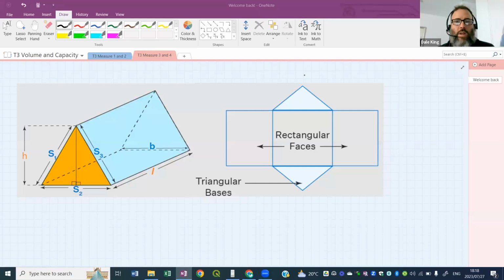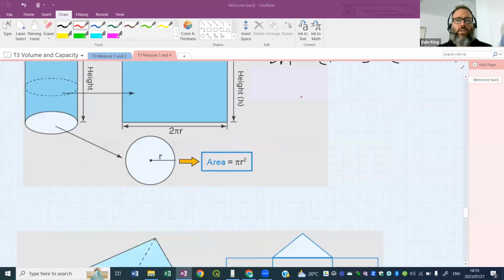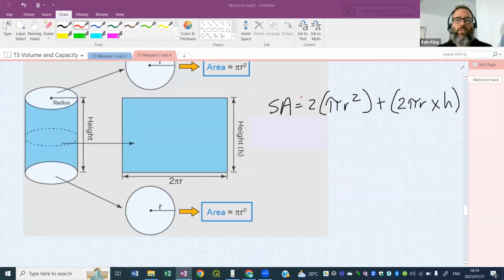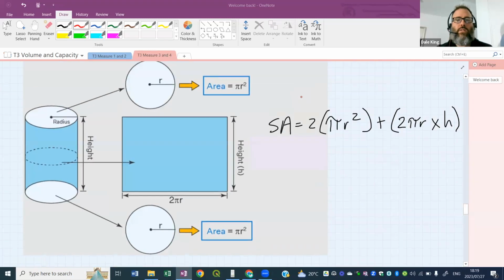Let's count how many shapes we have. We've got a triangle in the front. What's the formula for the area of a triangle? You can tell me. Back to trigonometry. While I'm going up for a screenshot, who can tell me the formula for the area of a triangle?